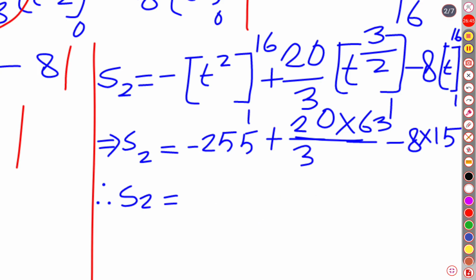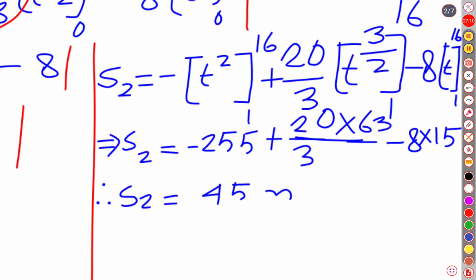If we divide 63 by 3 it is 21. So negative 255 plus 21, 420 minus 120, it will produce nothing but 45. It is 45 meter.